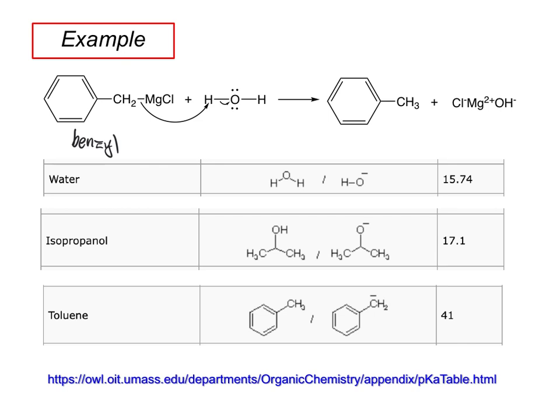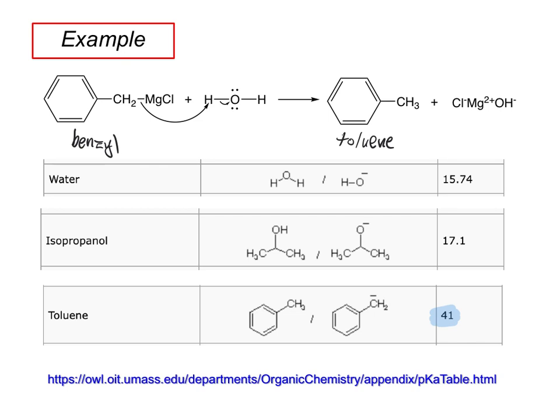So this compound is toluene. So toluene is the acid, the benzyl group is the base. Well, we can see that the pKa for toluene as an acid is 41. And remember, the higher the pKa, the weaker the acid.